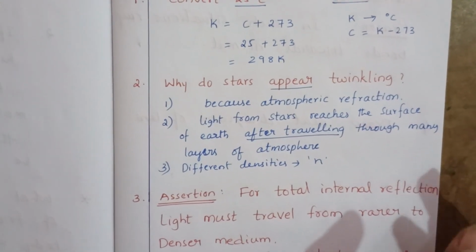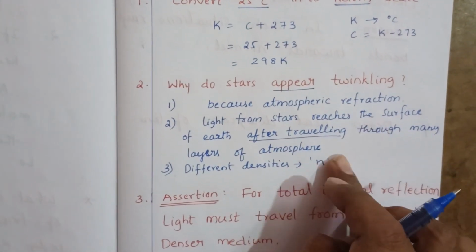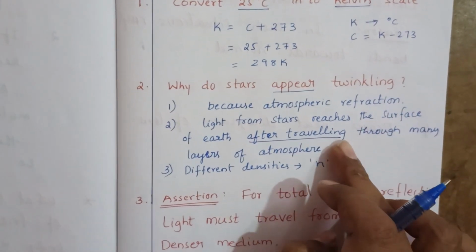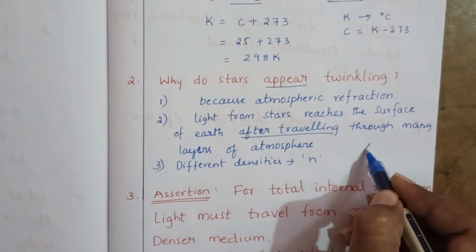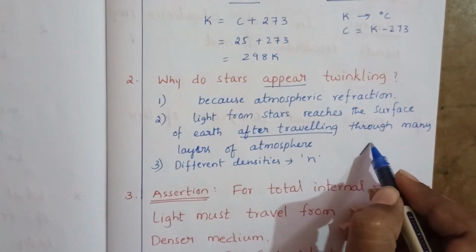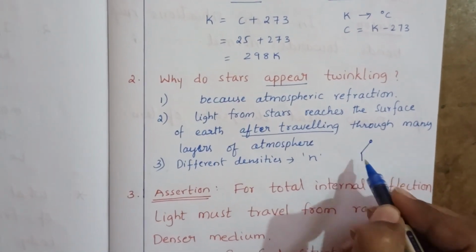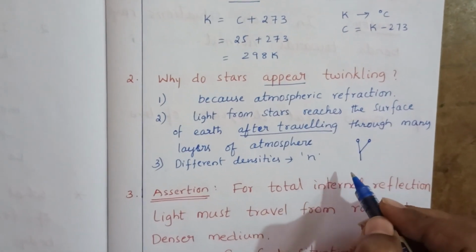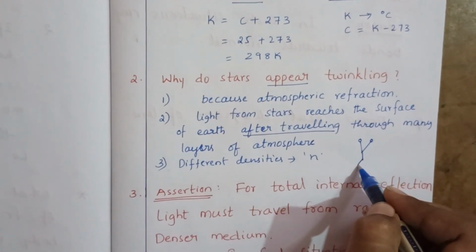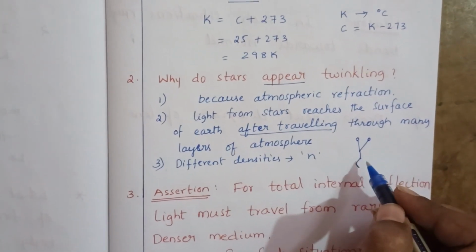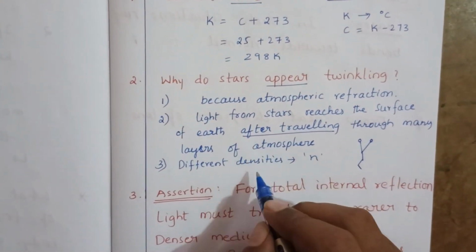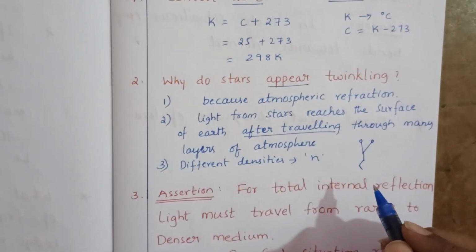When the light ray comes like this, we can see the star here. If it is bending like this, we can see the star here. Like this, the light ray changes its path, bending a number of times because of different layers, different densities, different refractive indices.